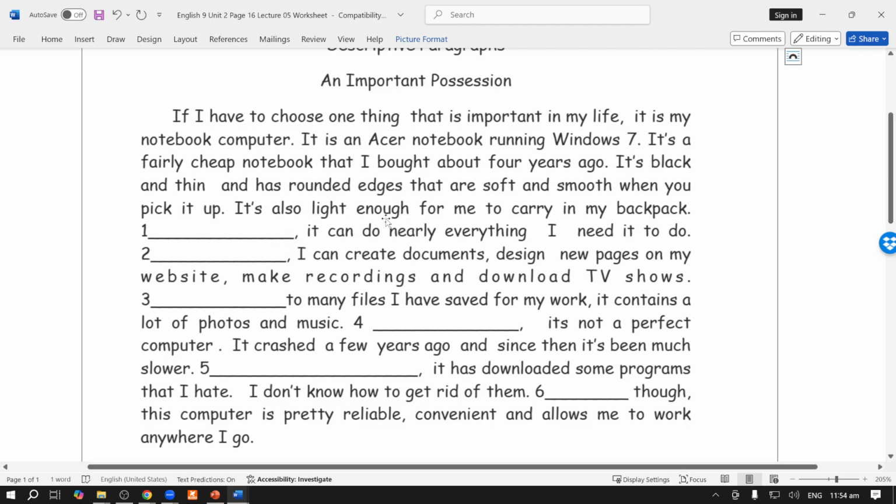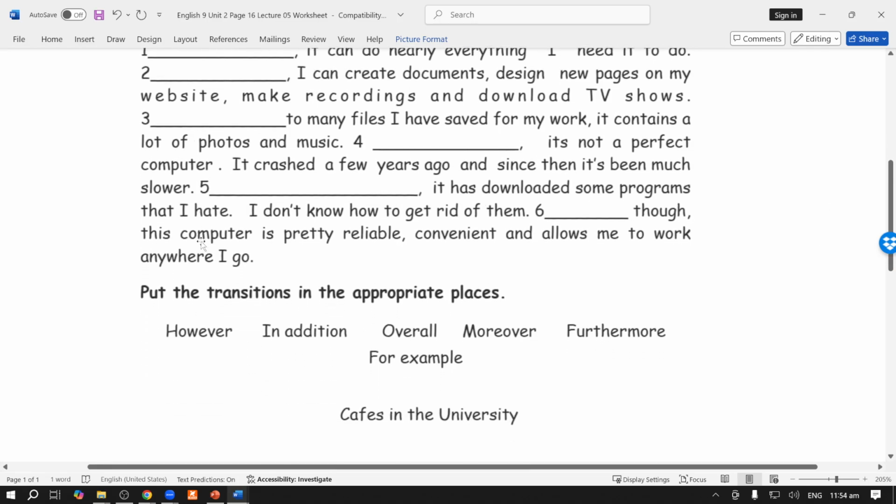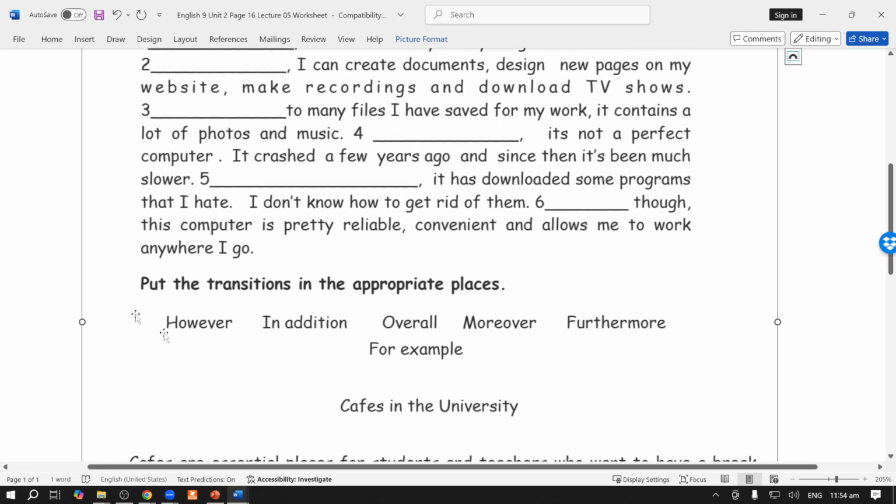Let's read the line, and then we will look at the transition words, which transition word is appropriate for this blank. It can do nearly everything I need it to do. So which transition word is appropriate? However, in addition, overall, moreover, furthermore, or for example.